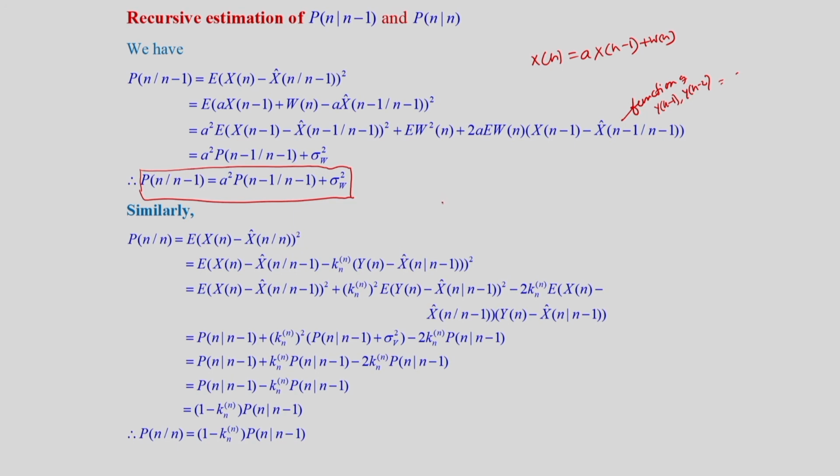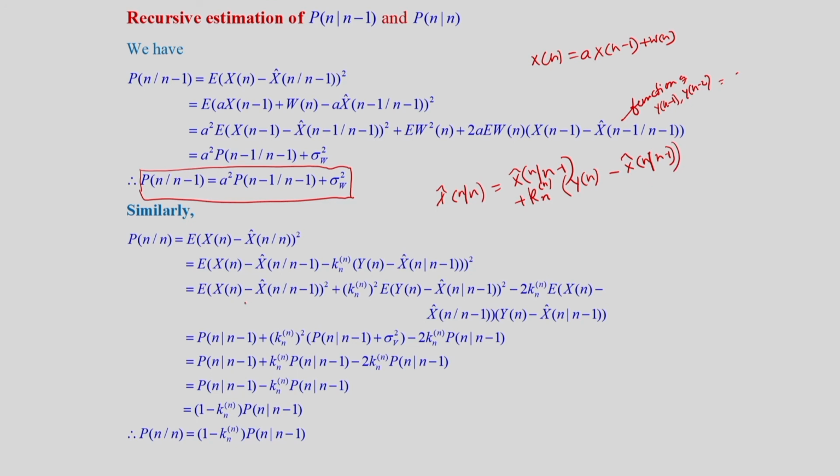Now, writing x̂[n|n], we write it in terms of that Kalman filter expression, that is equal to that prediction part x̂[n|n-1] plus that Kalman gain multiplied by that innovation, y[n] minus x̂[n|n-1].